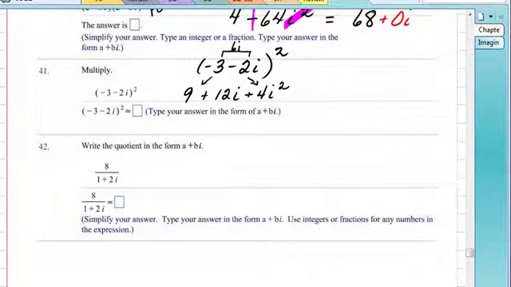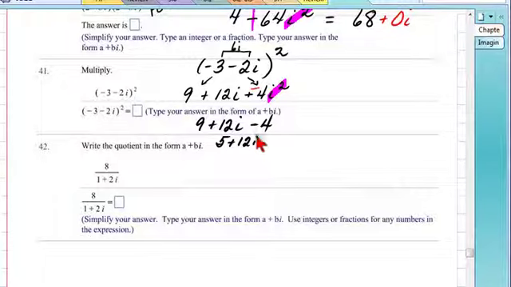That goes away, and this becomes negative 4. It changes the sign of the term. So that is now 9 plus 12i minus 4. Final answer, 9 minus 4 is 5 plus 12i.